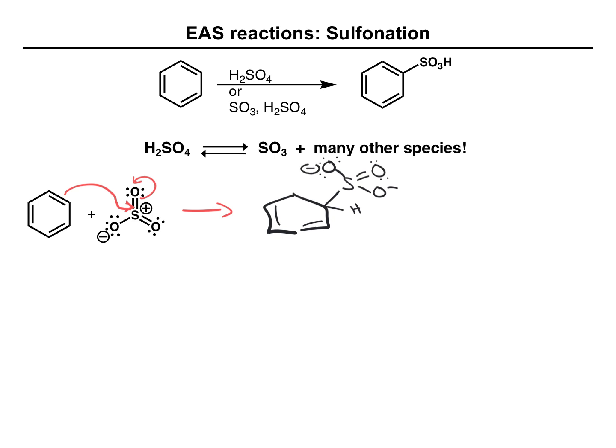And the sulfur has a positive formal charge. Notice we have more than 4 bonds to sulfur. Because sulfur is in a lower row of the periodic table, it can take on an expanded octet. Let's not forget we still have our 1 hydrogen, so that means that this carbon has a positive formal charge.